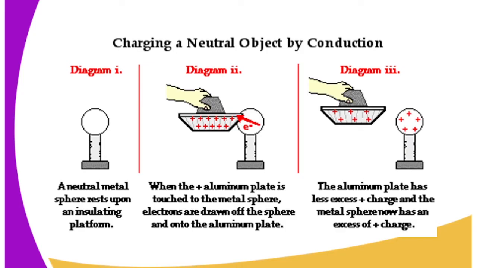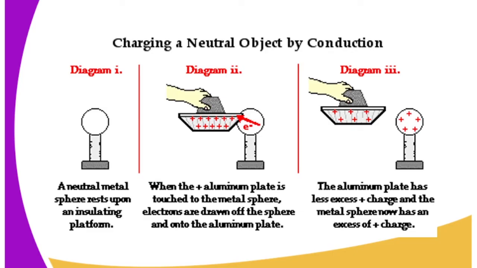So the positively charged object is going to attract the negatively charged particles, and as they are attracted, since there's a contact there, the negatively charged particles are going to move into the body of the person holding that. And then when you separate the two, since the negatively charged particles have moved away, the sphere remains positively charged.